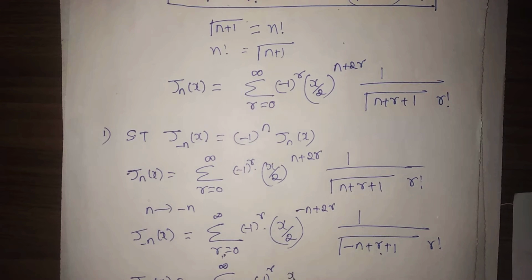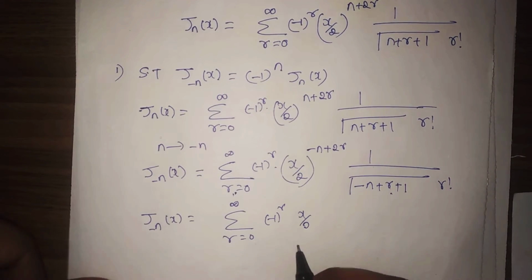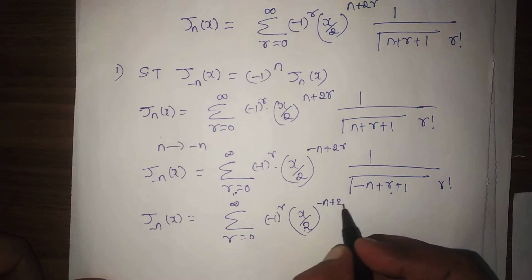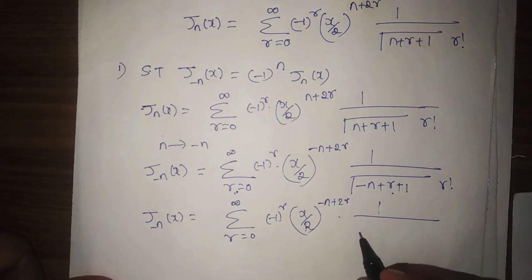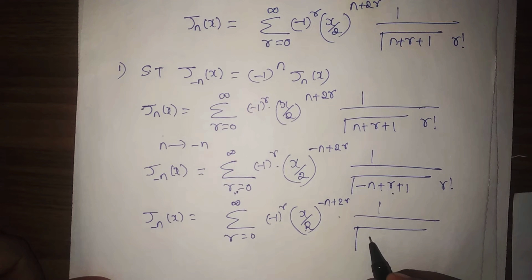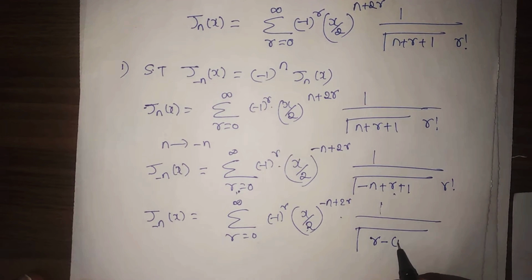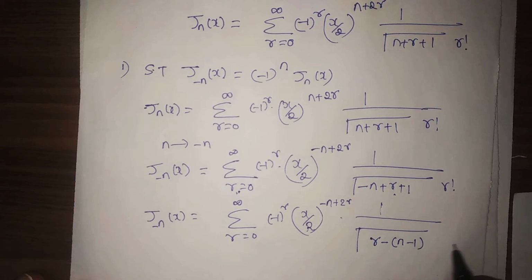to the power of r, x by 2 minus n plus 2r into 1 divided by gamma of r minus of n minus 1 into r factorial.